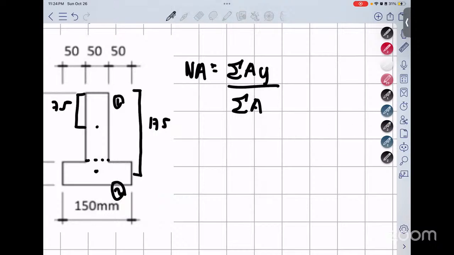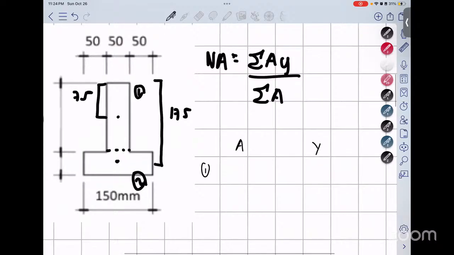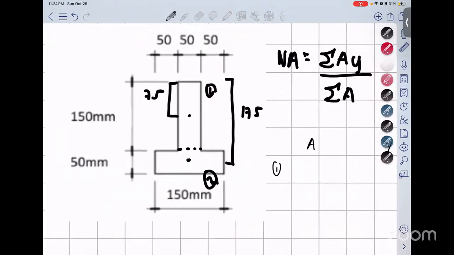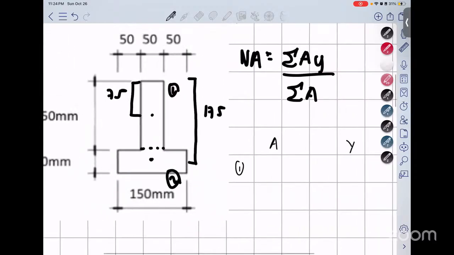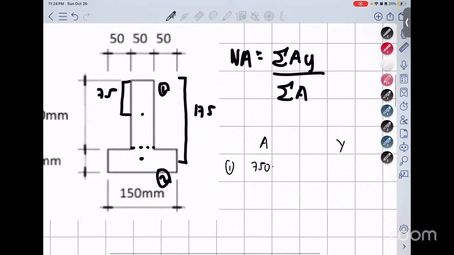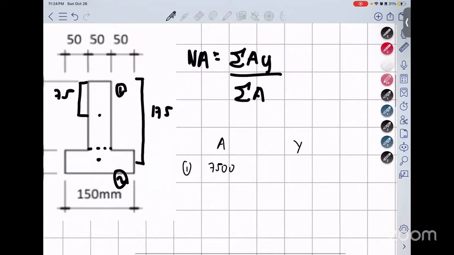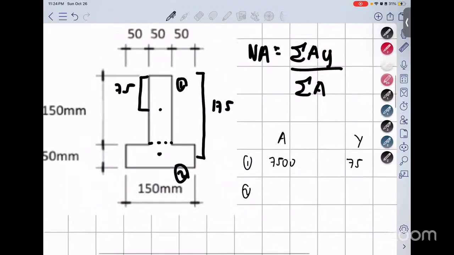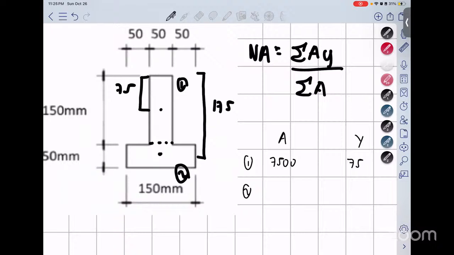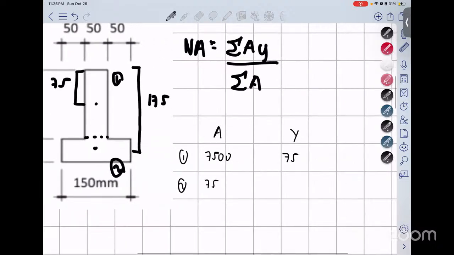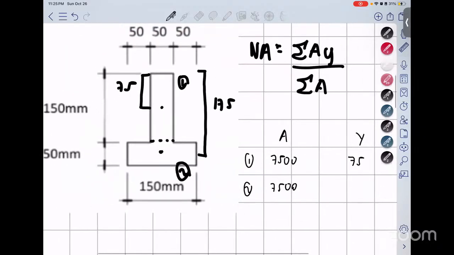Okay, A and then Y. Area of 1 is just 150 times 50, 7,500. Y position is 75. Area 2 is also 150 times 50, 7,500, and then Y position is 175.